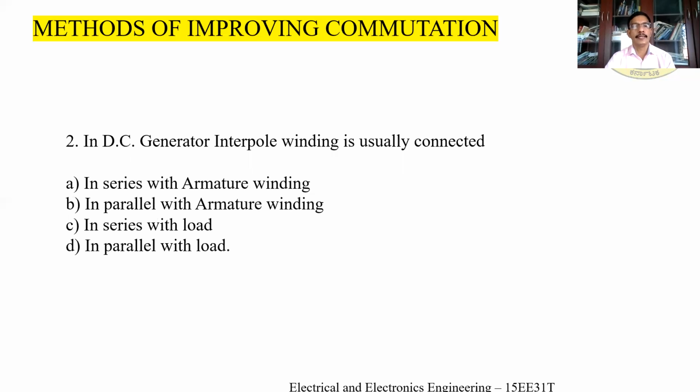Next question, in a DC generator, interpole winding is usually connected: A, in series with the armature winding, B, in parallel with the armature winding, C, in series with the load, D, in parallel with the load. Here also, understand the question and options, select the correct option.